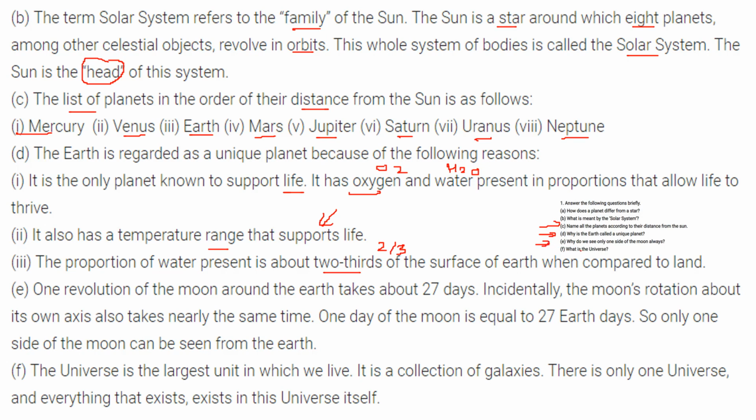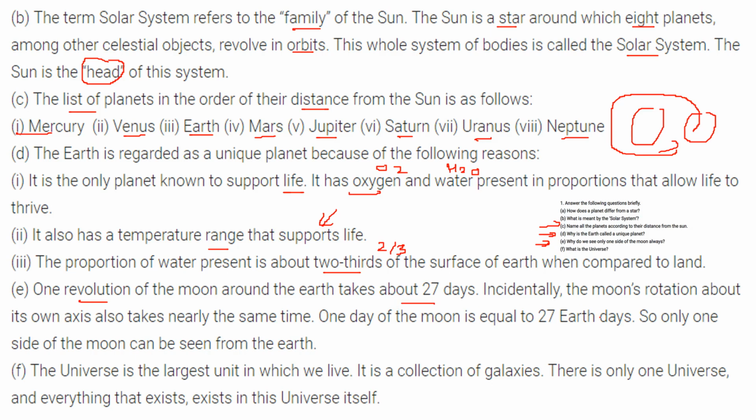Next is, why do we see only one side of the moon always? The reason is, there are two things. One, the revolution of the moon around the Earth, which takes 27 days.